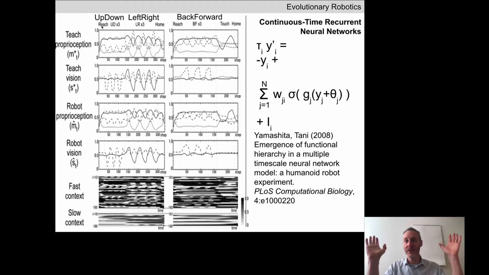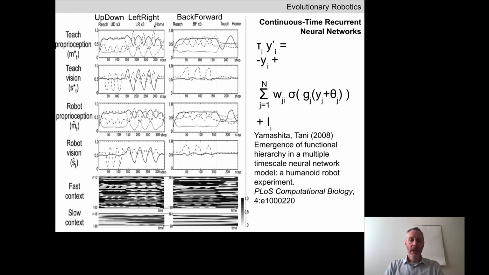it evolved the ability to start here and reach for the object. When it received a different signal, it evolved the ability to lift the block up and down 3 times. When it received a different signal, it evolved the ability to move the block left and right 3 times. And when it received a fourth signal, it evolved the ability to go back to the home position.